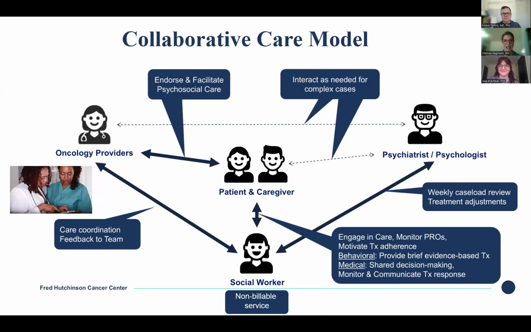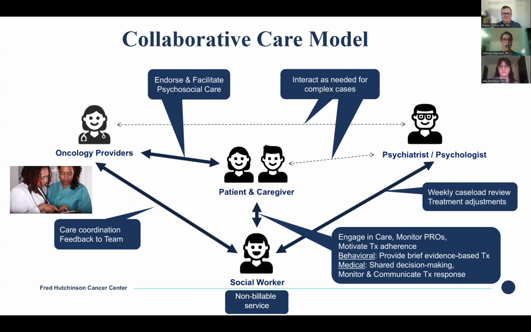Okay, next slide. Thanks. What's really wonderful about starting to work with social work for therapy or just emotional support is that if things become more complex, we follow this collaborative care model, and our social workers work directly with our providers, our oncology and hematologic providers, as well as our psychologists and psychiatrists. So if you can see, you're in the middle as the patient or caregiver, and we're surrounding you with a layer of support.